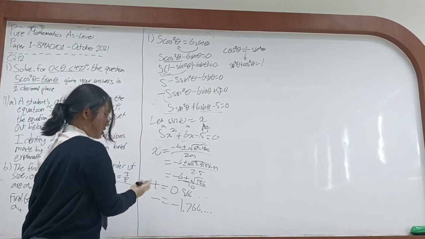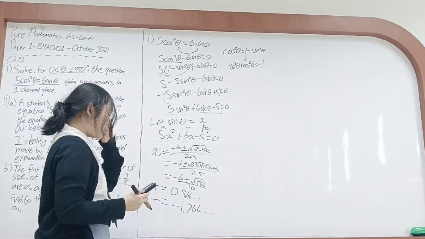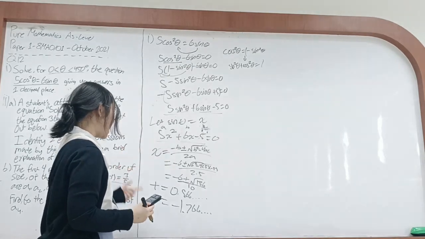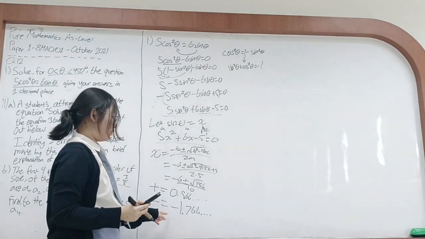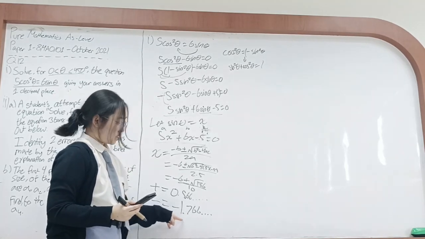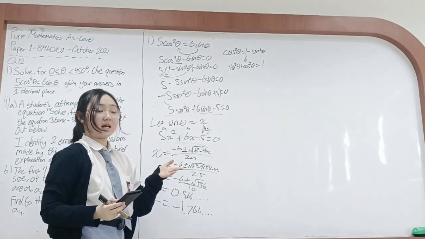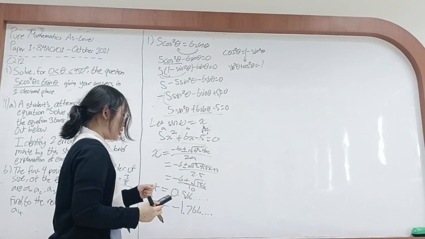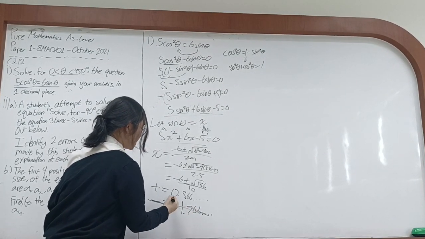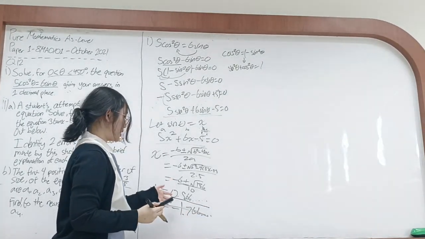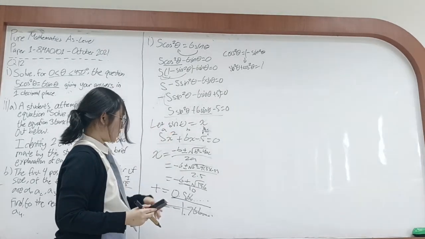So here are our two answers for x. But we can only use one. The way we can decide is that if we try putting the inverse sin of this number, it won't come out as any value. There will be no value at all. So we can erase this one. We will use this one. So this is our sin theta.